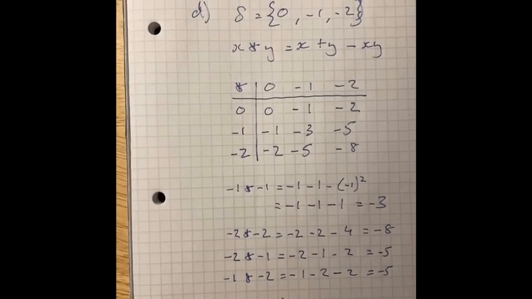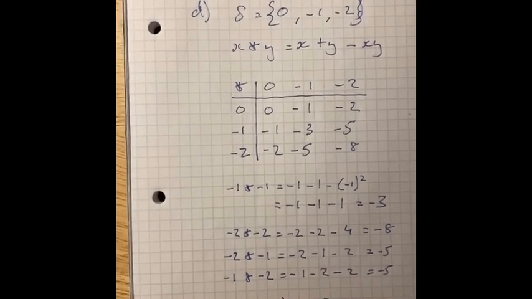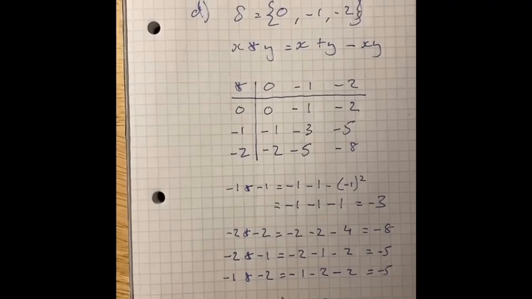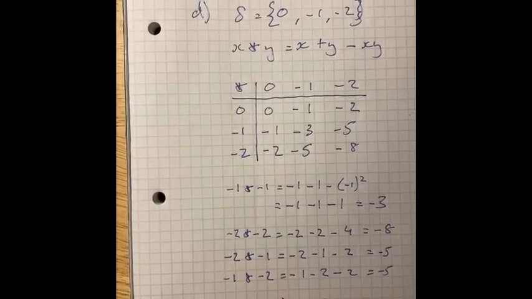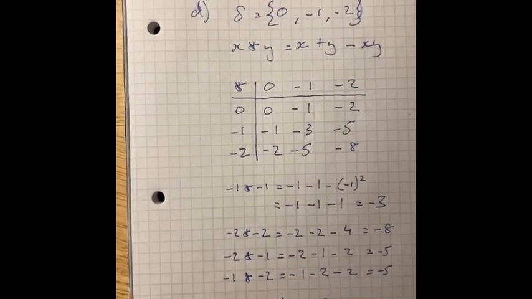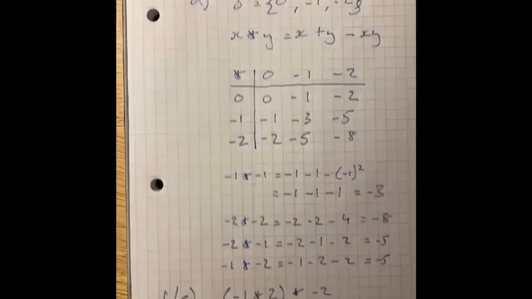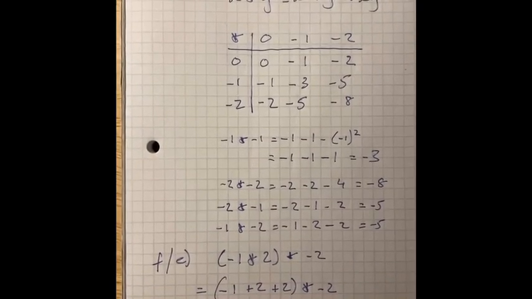Okay, which is 3. 3 star minus 2, which is 3 plus minus 2, which is 1, minus -6, which is plus 6, so we've got 7. And we are done on that question, I think.